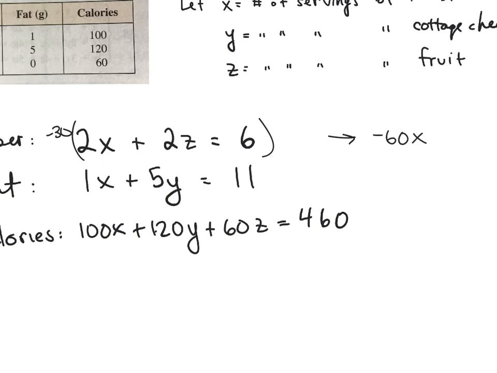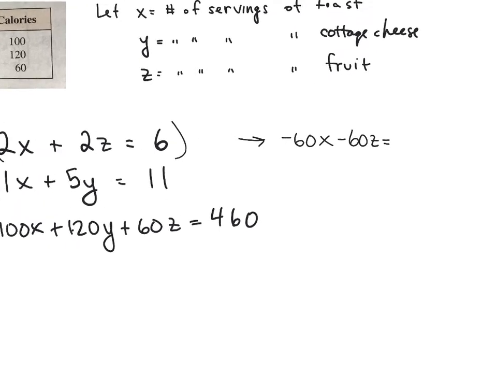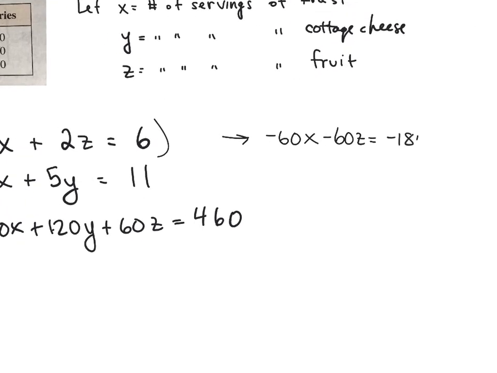So then that becomes negative 60x minus 60z equals negative 180. And then the bottom equation, 100x plus 120y plus 60z equals 460.